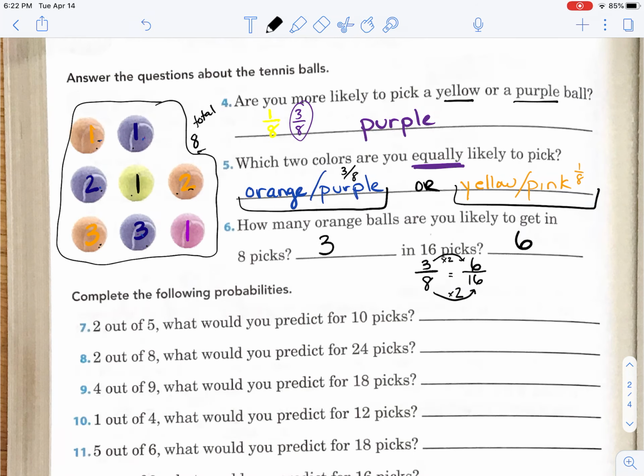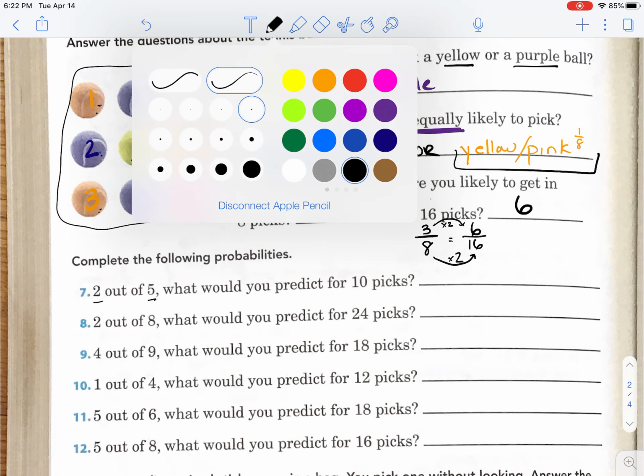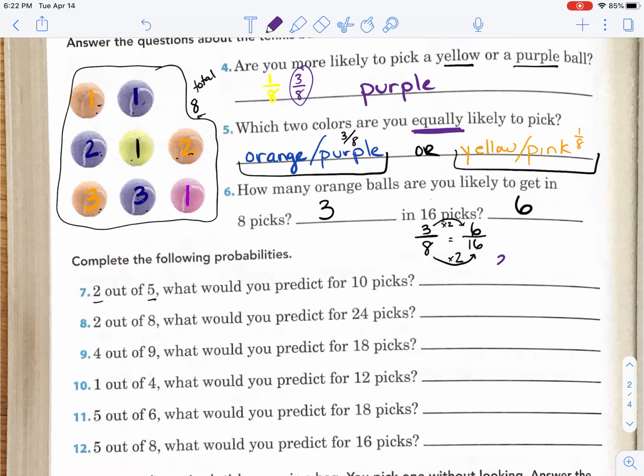Awesome. Okay, so it says complete the following probabilities. What would you predict for 10 picks? It says 2 out of 5. Okay, so if I have 2 out of 5, what would I predict for 10 picks? 5 times what is 10? 5 times 2 is 10.